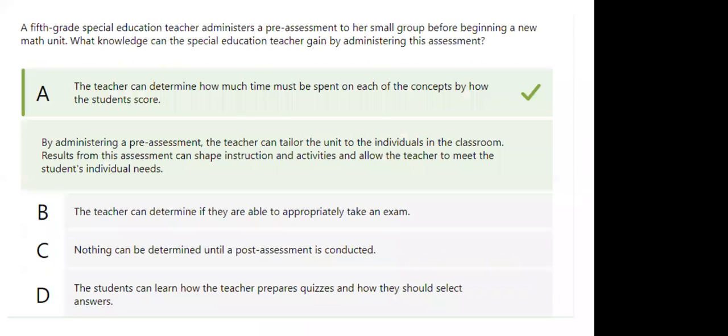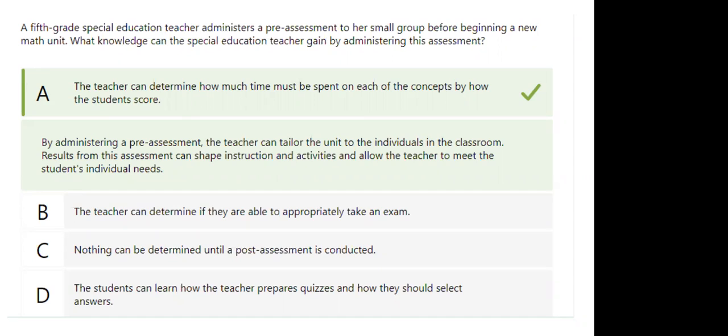The correct answer was A. The teacher can determine how much time must be spent on each of the concepts by how the student scores. Most definitely, pre-assessments are going to help the general ed teacher as well as the special education teacher tailor what needs to be taught to that student, what needs to be emphasized so that they understand what they're supposed to understand.